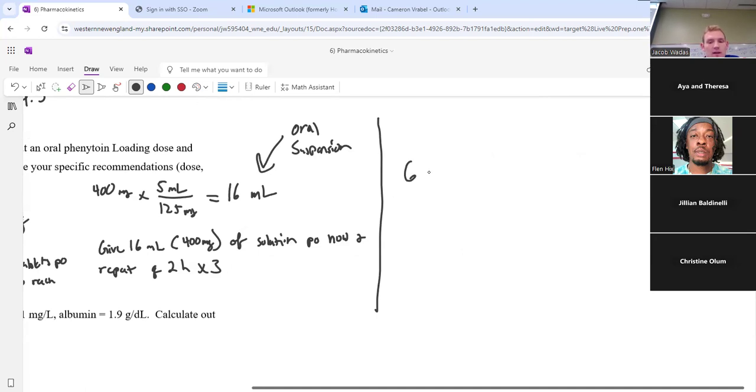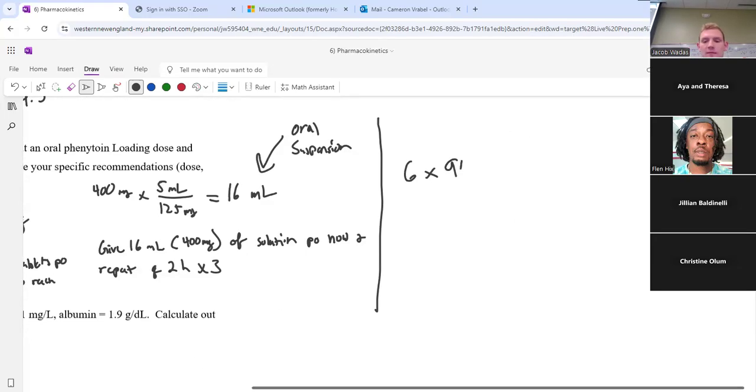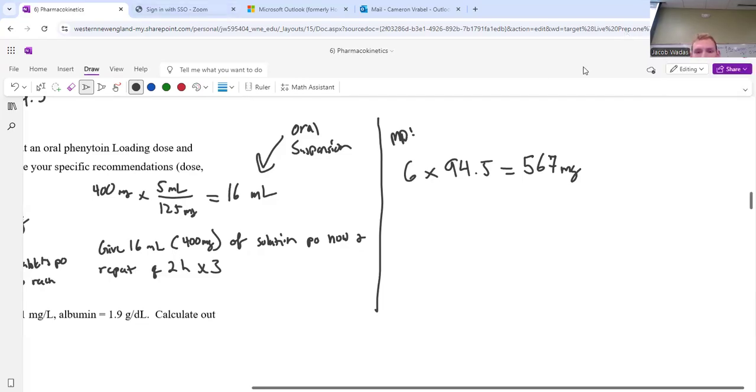And again, this is times the actual body weight, which is 94.5. So this is gonna be 567 milligrams. And just like before, we want to make sure that this is able to fit within the available formulations that we have.